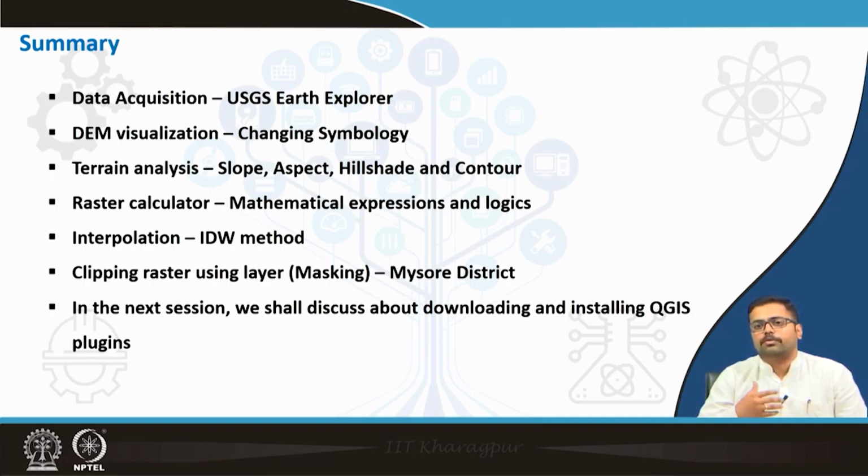You can explore contour by clicking on the processing toolbox, and we then saw raster calculator. We saw what all the mathematical expressions that can be given, followed by interpolation for Mysore district and rainfall values, that is the point values, how to interpolate with the IDW method and getting that as a raster layer.